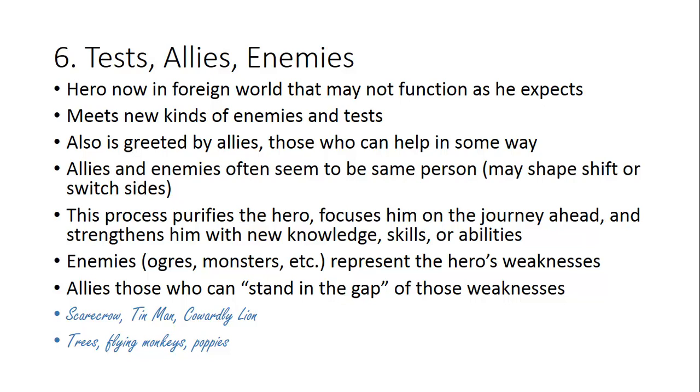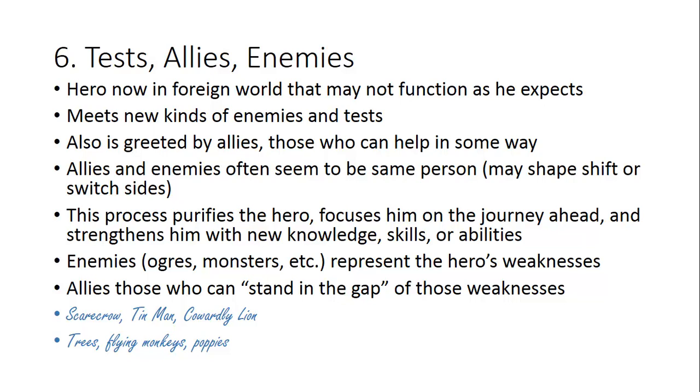So our hero needs them though, because as the hero moves deeper and deeper into this new world, the allies around him help him focus his energy. He becomes much more clear about what his purpose is. He starts to understand a little better about where he's headed and what ultimately he has to do.